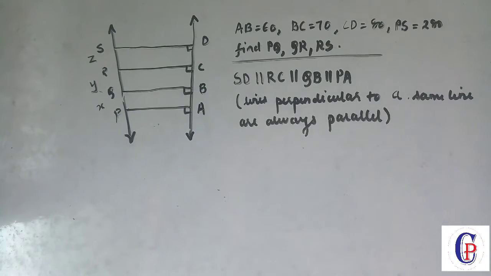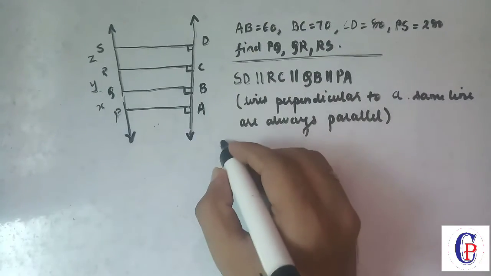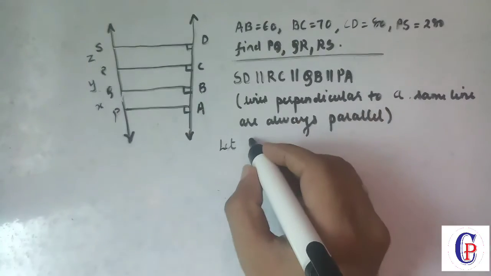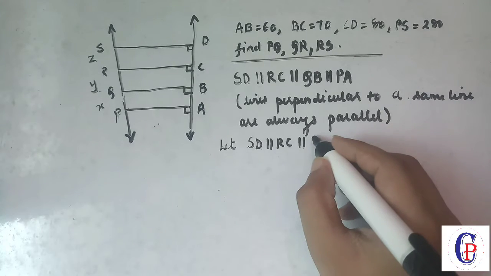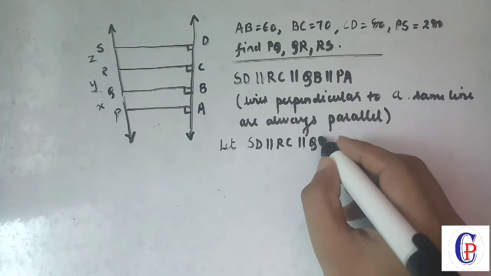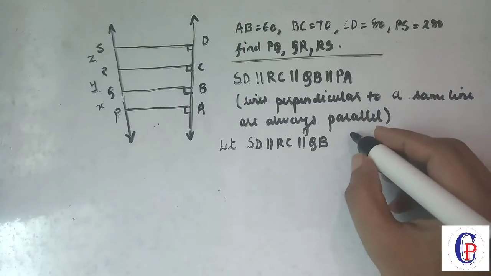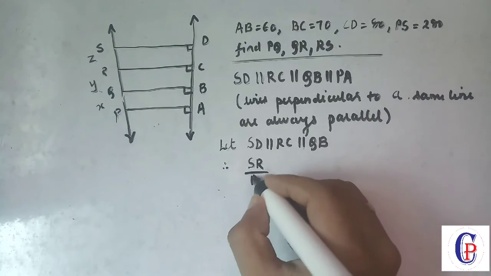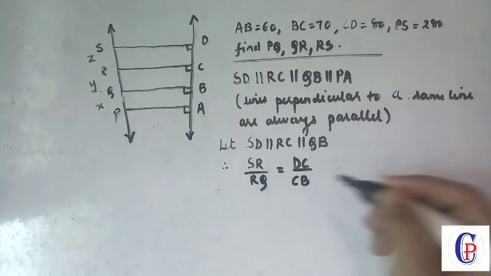So what we will get is, let us start from above. Let us say that SD is parallel to RC, parallel to QB, right? Therefore we can say SR upon RQ is equal to DC upon CB.